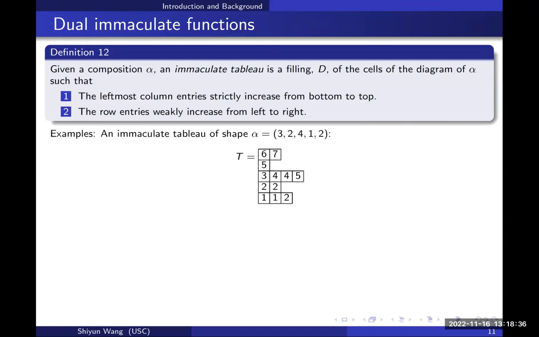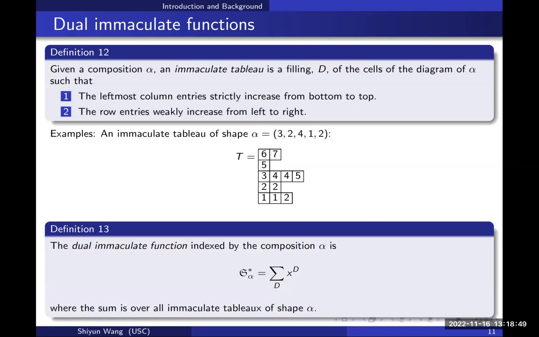And this is an example. If we have an immaculate tableau in the shape 3, 2, 4, 1, 2, then we just have all the entries increasing in rows, and the first column may strictly increase. And then the dual immaculate function is the generating function of this kind of tableau.